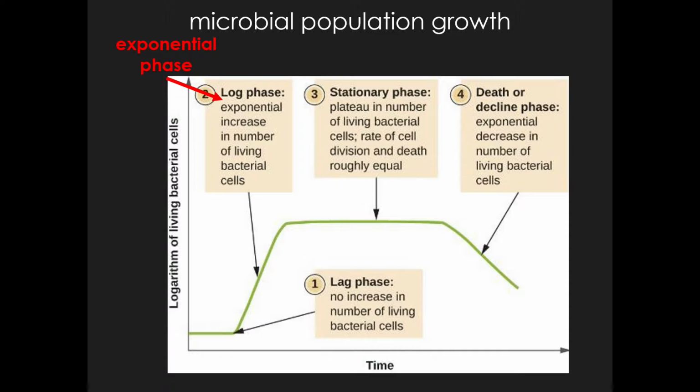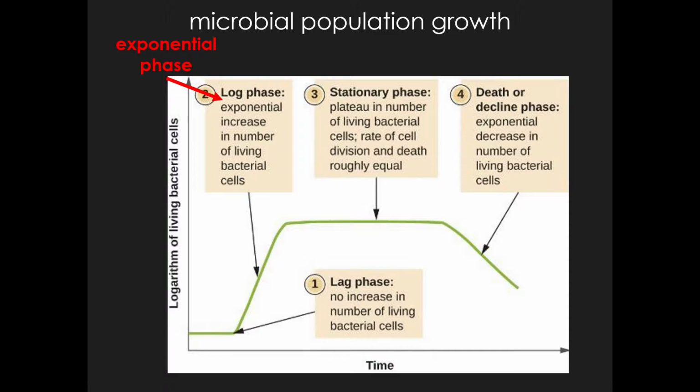Now, anytime you have a straight line that moves across parallel to the x-axis, you would say that that line has a slope of 0 and there's no change in the y value for a change in x, which is a fancy way of saying that as time moves on, during the lag phase, there's no increase in the number of microbes registered or counted during this procedure.